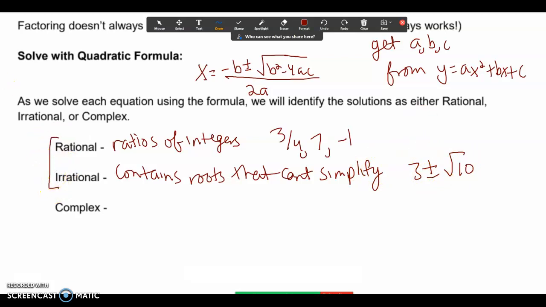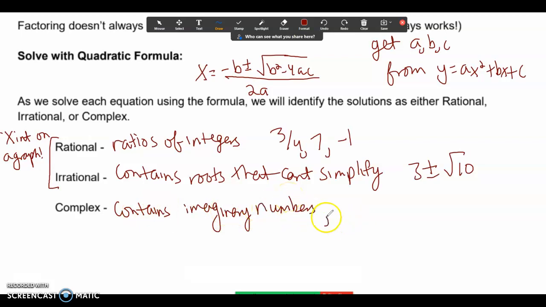These ones are the x-intercepts on a graph. Complex contains imaginary numbers.